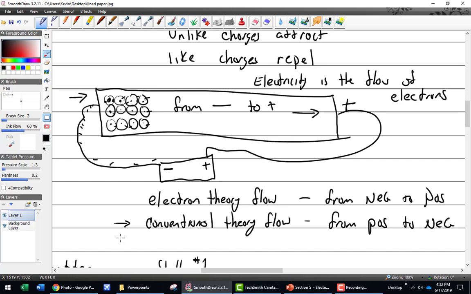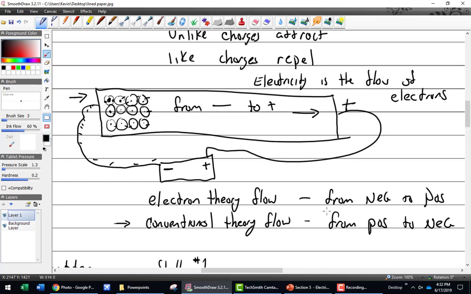With electron microscopes and whatnot, somebody realized, hey, wait a minute, it can't work that way. It's got to work the other way. It actually goes from negative to positive, for the reason I showed you: like charges repel and unlike attract. So the true answer is electron theory flow.